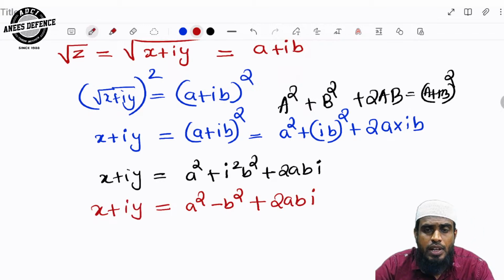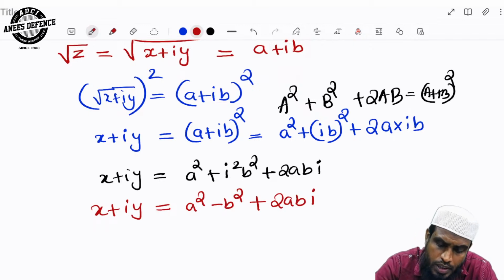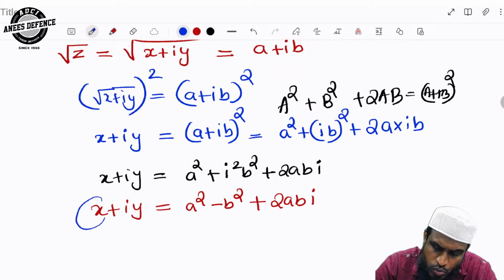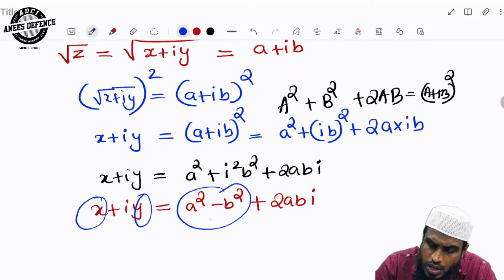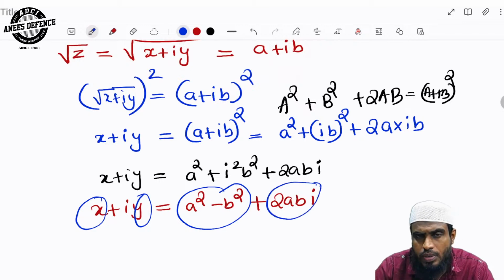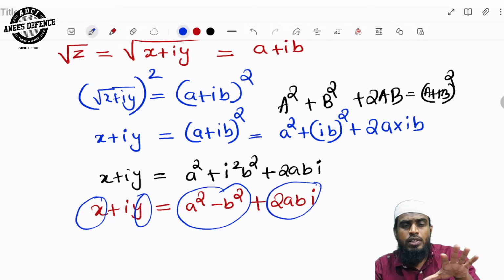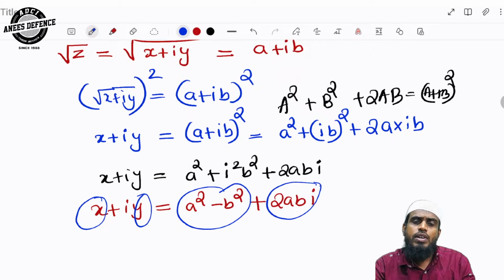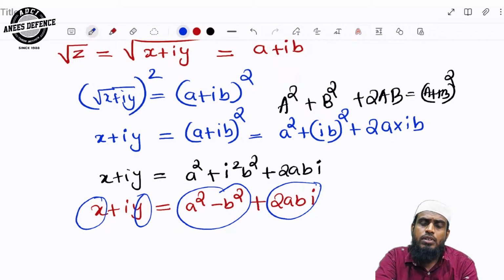We already discussed that if we want to say whether two complex numbers are equal, then the corresponding real parts should be equal and the corresponding imaginary parts should be equal. So here we got that x plus iy is equal to the right hand side complex number.